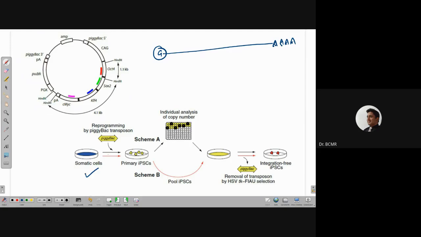Take somatic cells, put in the piggyBac vector, select the iPSCs, then you ensure that they grow into iPSCs, then you analyze them, and once they have become induced pluripotent stem cells, you want to ensure that you have removed the piggyBac vector, and once the final cells are reached, you have to ensure that there is no integration at all.